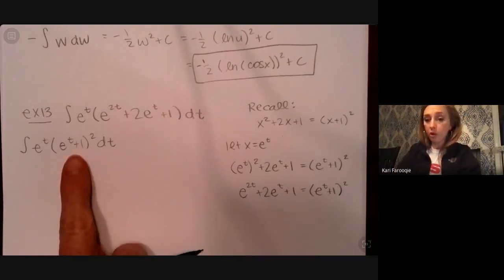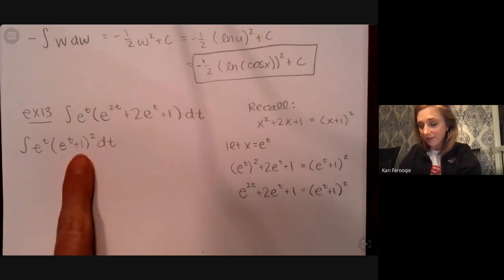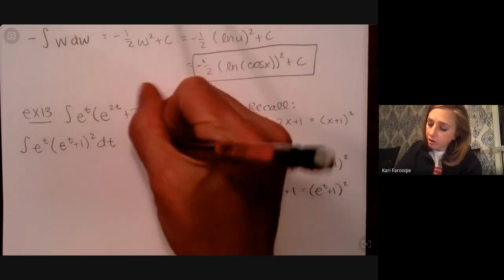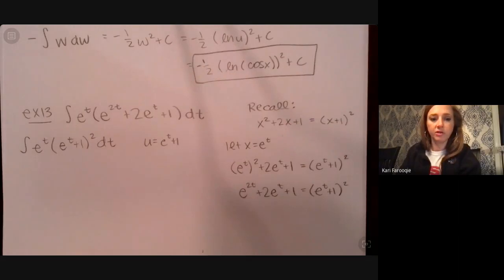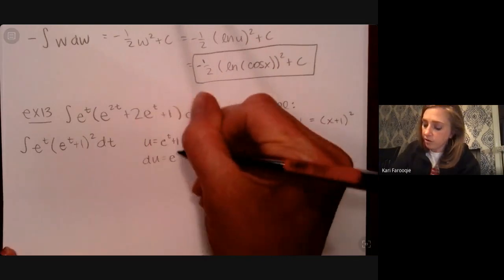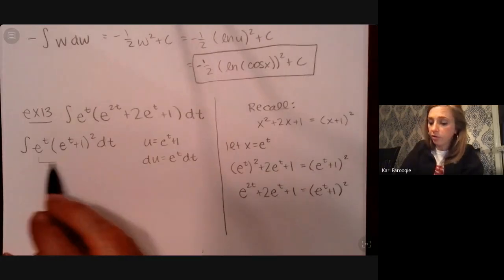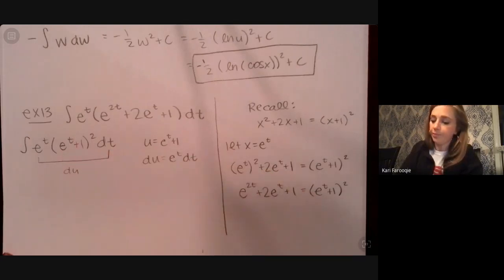Okay, so the whole point was that they were trying to hide the fact that this is just a quantity squared. But now you can clearly see an inside function, which is e to the t plus 1. And then du is e to the t dt, which you have. So e to the t dt is du.